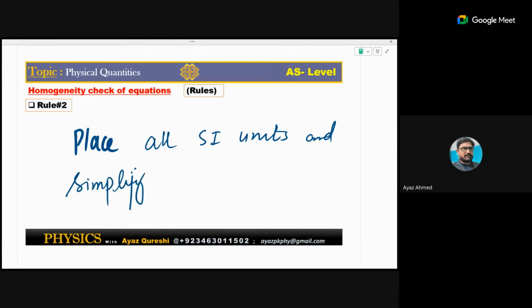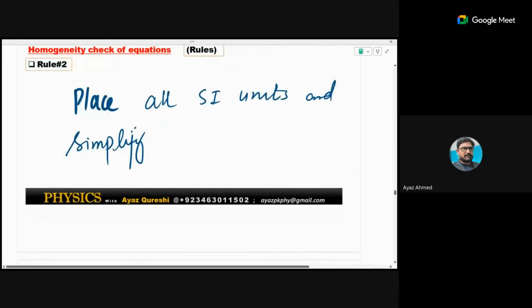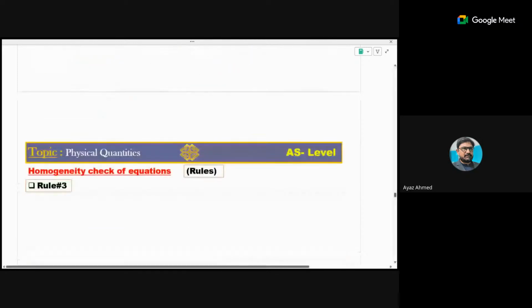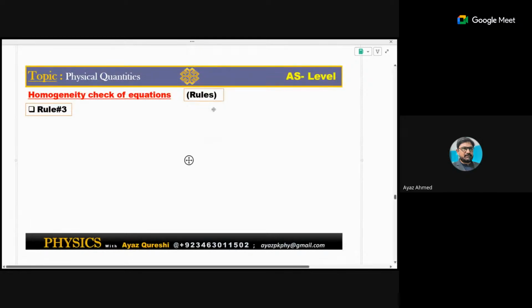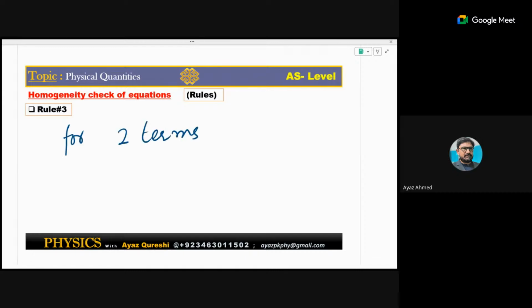Rule number 2 is fine. Place all SI base units, and then simplify. And finally, for two-term equations, left hand side should be equal to right hand side.